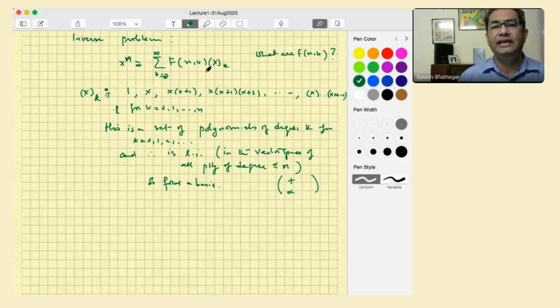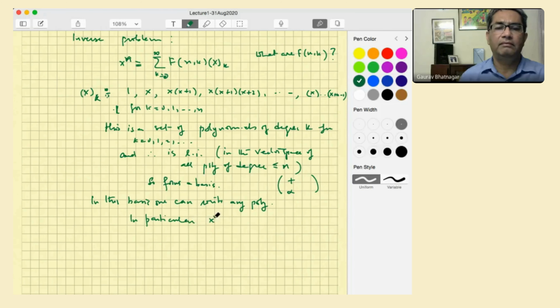What we are saying is that in this basis, you can write any polynomial of degree n. In particular, we can do x to the n, which can be written like this, as indicated.